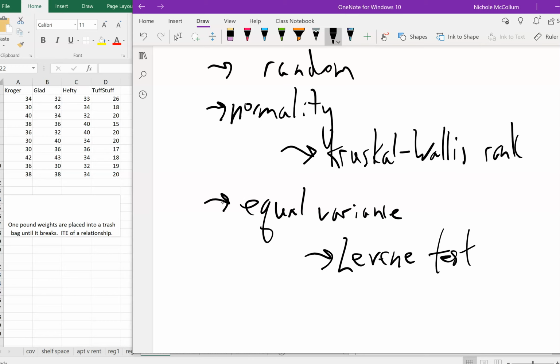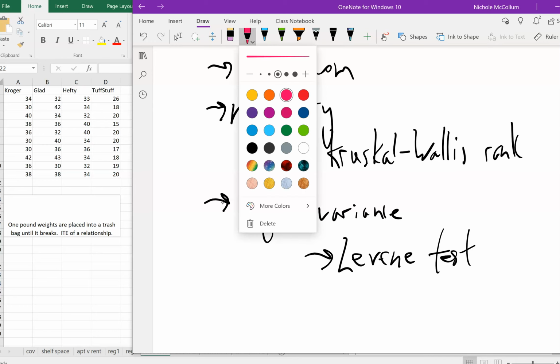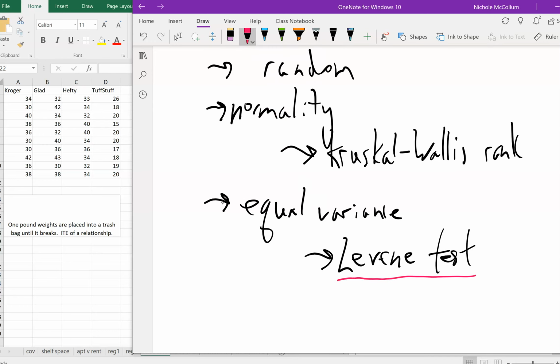So in some respects, to run the ANOVA test, you have to run a hypothesis test prior to it, and that's the Levene test. The Levene test will check to see if you have equal variance. Once you have equal variance, then you can run the ANOVA test. So it's kind of like the ANOVA test has a pre-test called the Levene test.